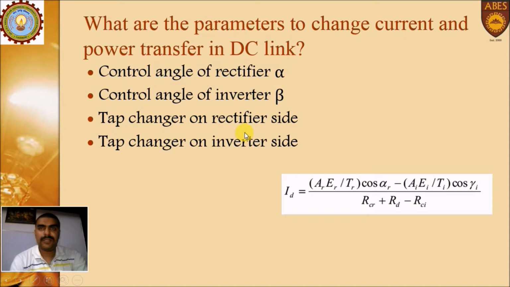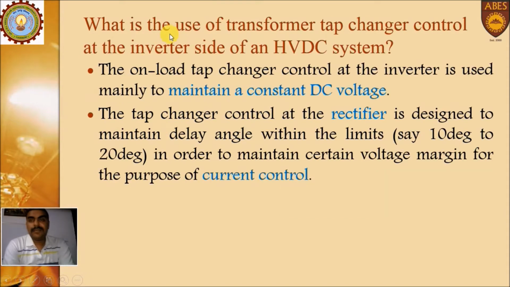Next question: what is the use of transformer tap changer control at the inverter side of an HVDC system? As we all are aware, the converter which is operating as a rectifier is used to operate in constant current mode, and the converter station which is operating as an inverter is operating in constant voltage mode.